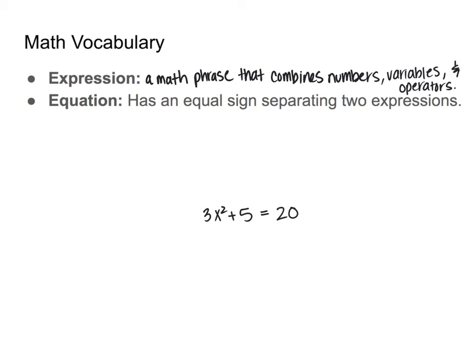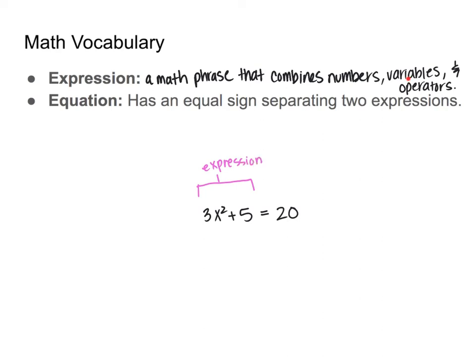An example of an expression here would be this side here. Notice that you have a variable added with a number. So that all combined, let me write that a little higher, is what we call an expression. Now, expressions don't have to be a combination of these items.